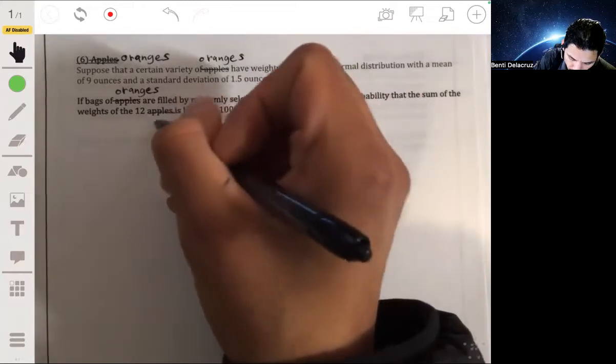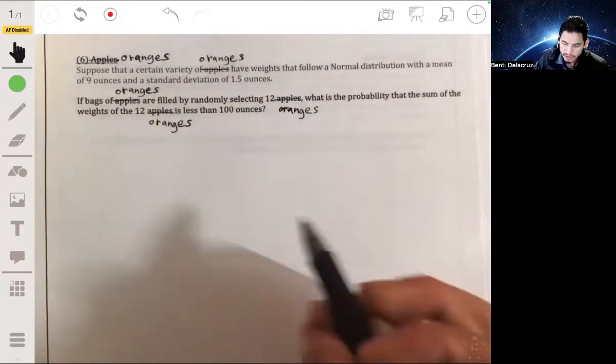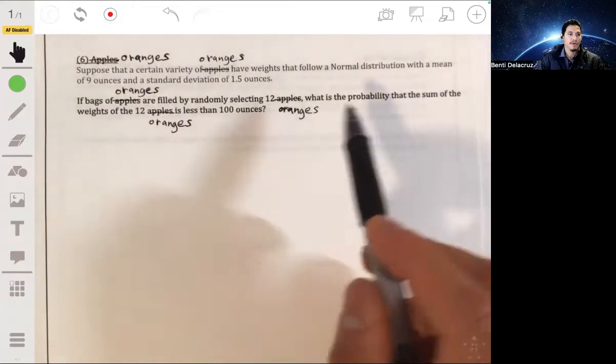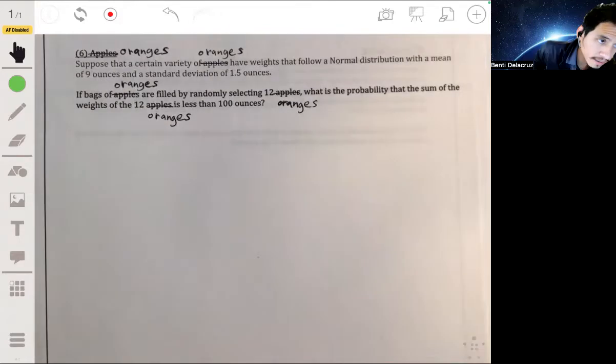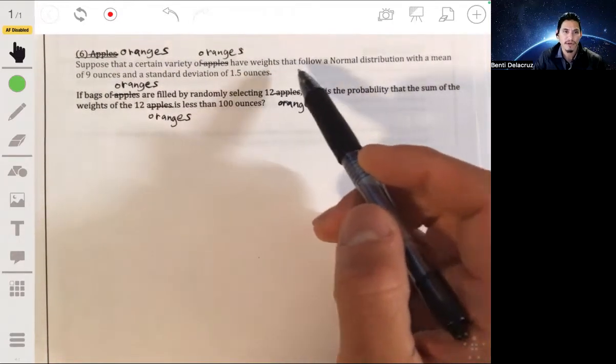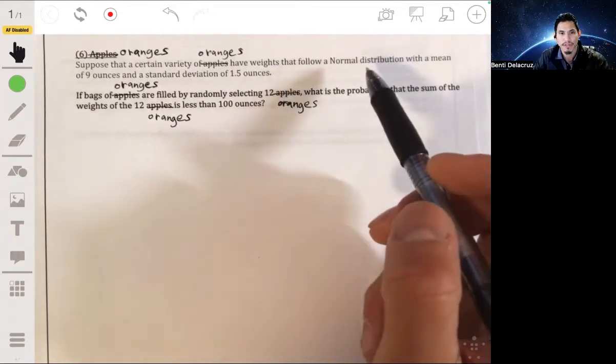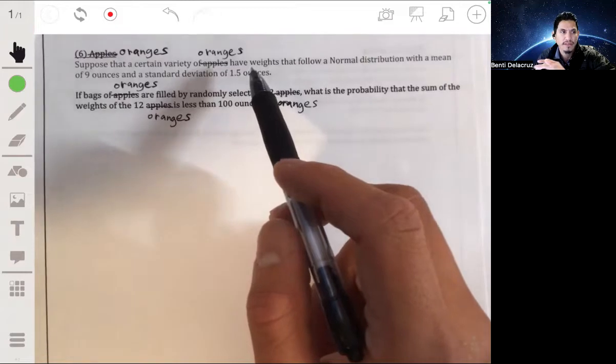All right. Anyways, let's move on to the stats now. We want to find what's the probability that the sum of 12 oranges is less than 100 ounces. Now, we're told that the distribution of oranges have weights that follow a normal distribution with a mean of 9 ounces and a standard deviation of 1.5 ounces.